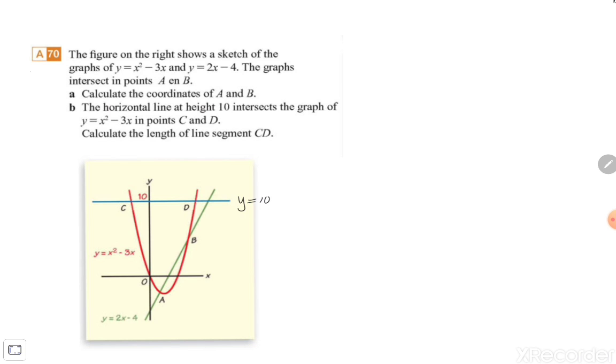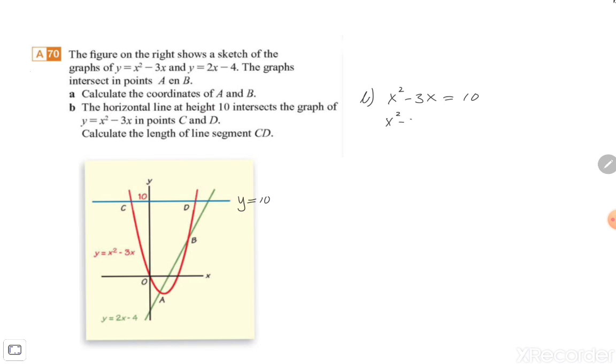Alright, so the equation that needs to be solved for B is x squared minus 3x is equal with 10. So I want to know for which x the answer is 10. Alright, we do exactly the same as with A. We're gonna subtract 10 from both sides.